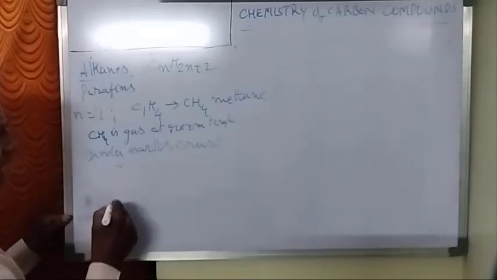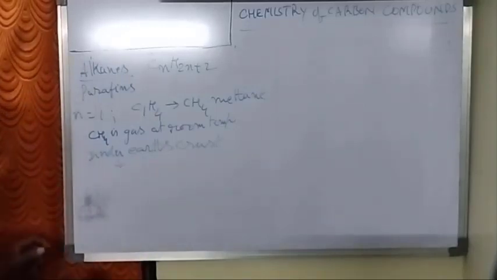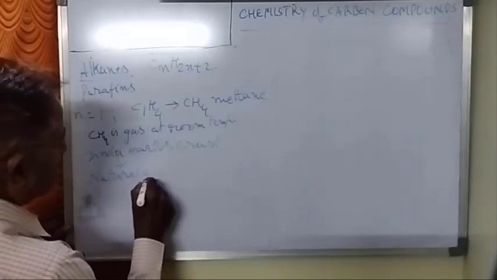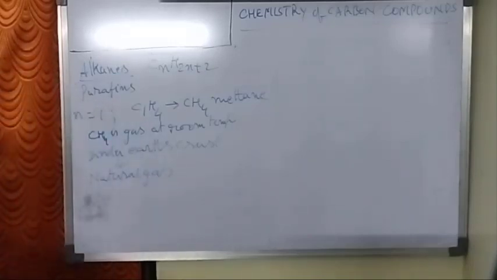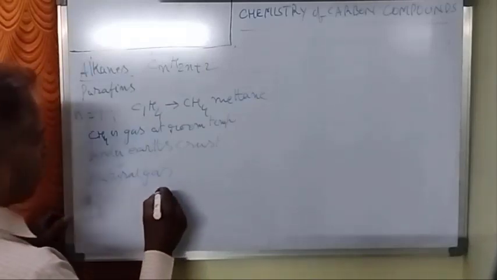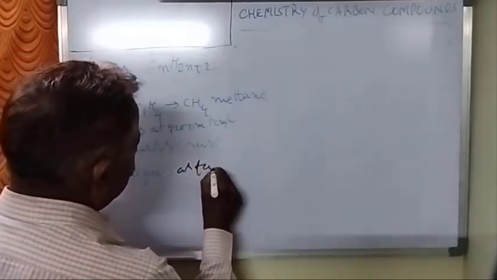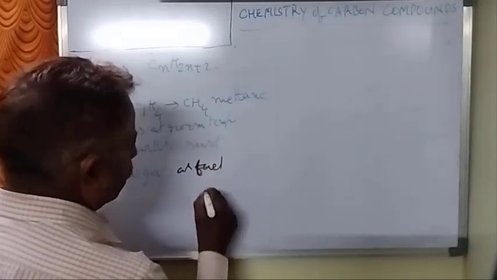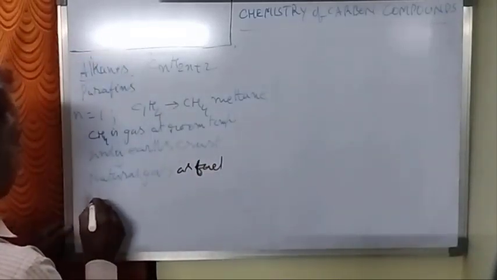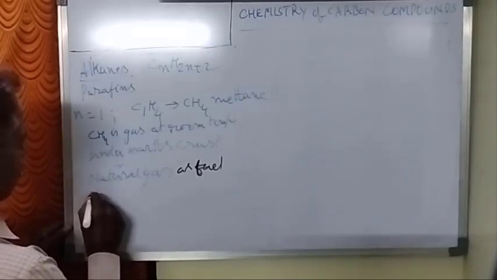Therefore, as it is available naturally in the Earth's crust, this methane is referred to as natural gas. This natural gas is used as a fuel, industrial fuel.